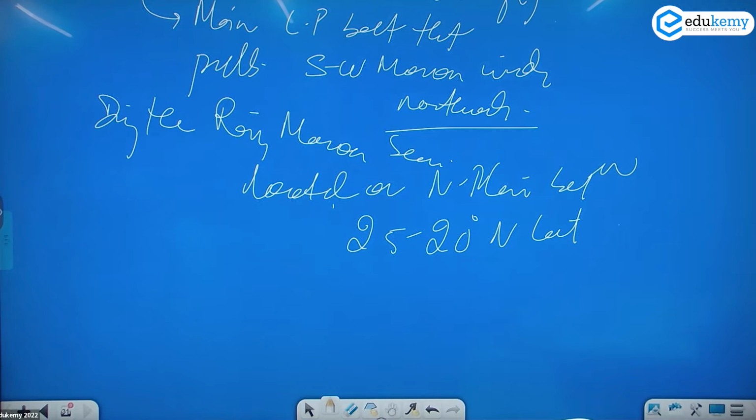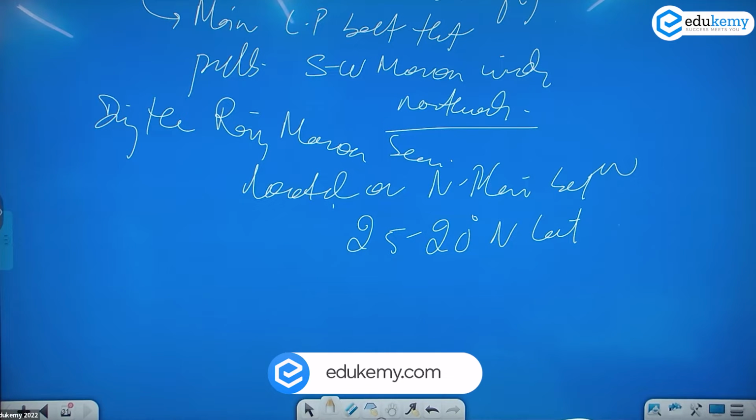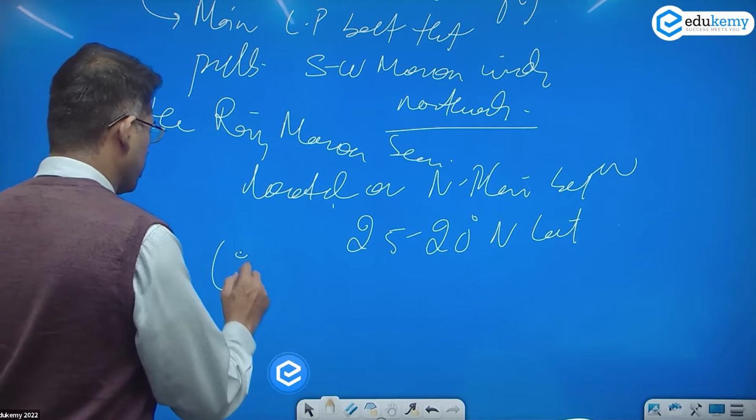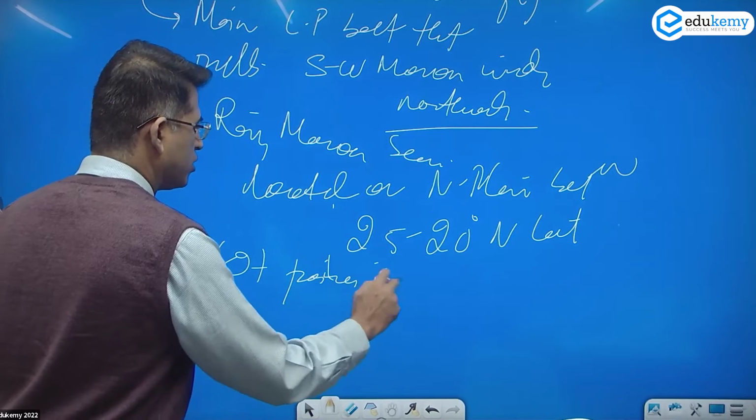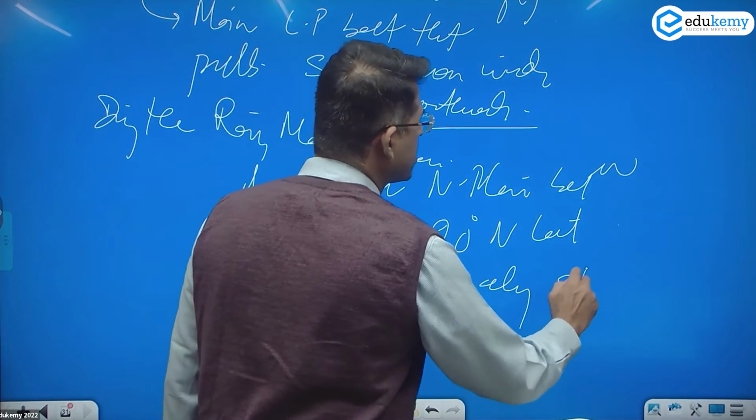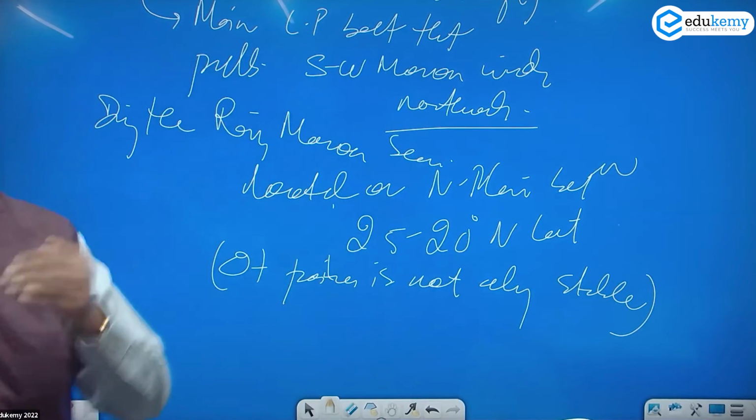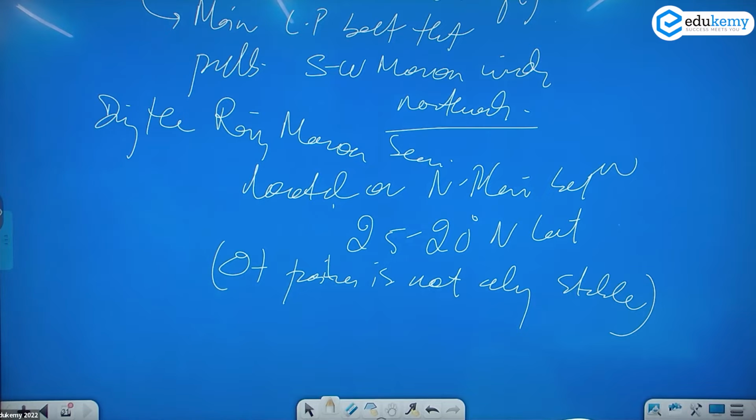Please know that its position is not always stable. It can shift north and south, and because of that there are droughts and floods. The position is not fixed; it shifts north and south.